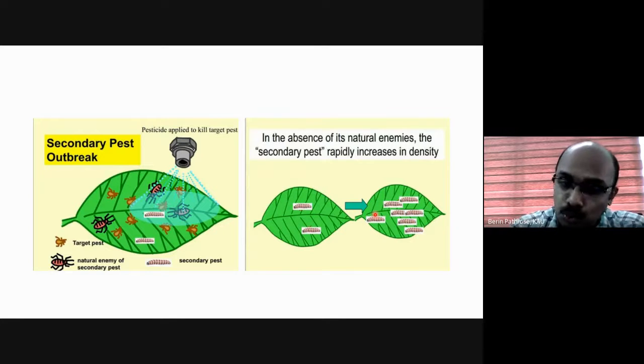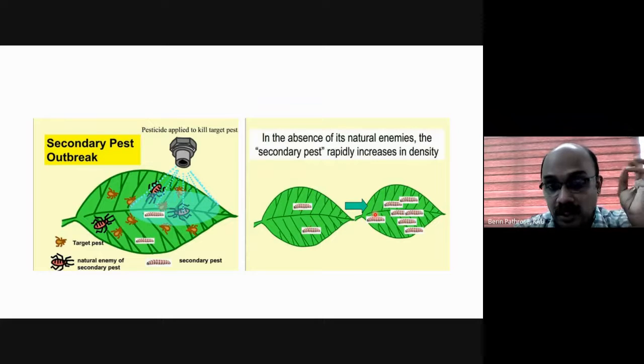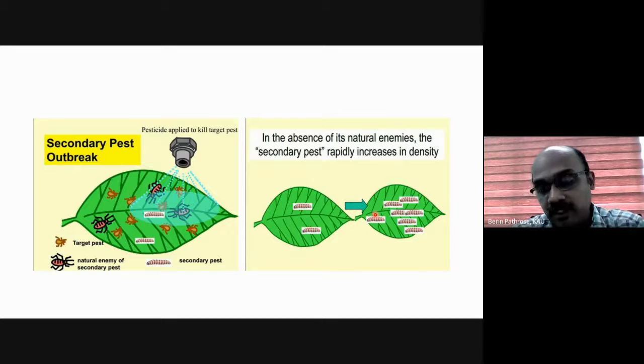And because of the huge population of thrips in the mango inflorescence, the entire inflorescence was getting damaged. The fruit set is almost zero. Even if a few fruit set occurs, the fruit will be damaged by the feeding of thrips.